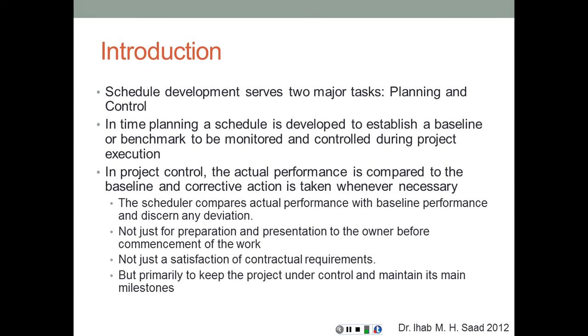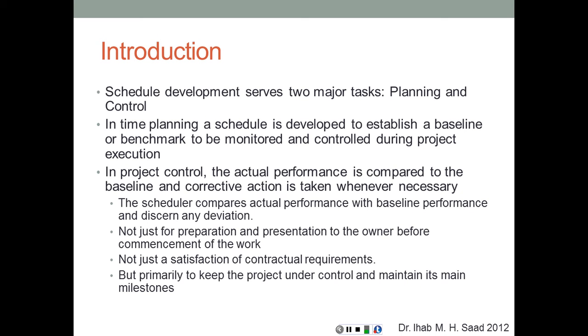So in project control, the actual performance is compared to the baseline, and once we make that comparison, which is what we call monitoring and control, we're going to monitor the progress, and then in case of any deviation from the plan or the baseline, we need to know how much is that deviation, why did it happen. We have to analyze the root cause and find out solutions, and try to make sure that the problems that occurred in the past do not keep repeating themselves in the future.